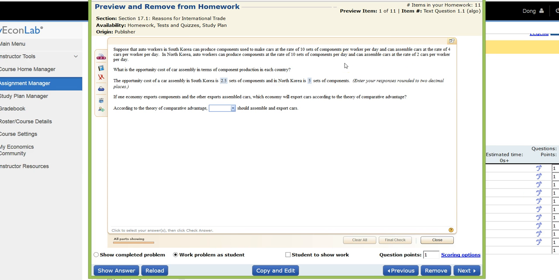So in terms of the absolute advantage, South Korea's workers have the absolute advantage.